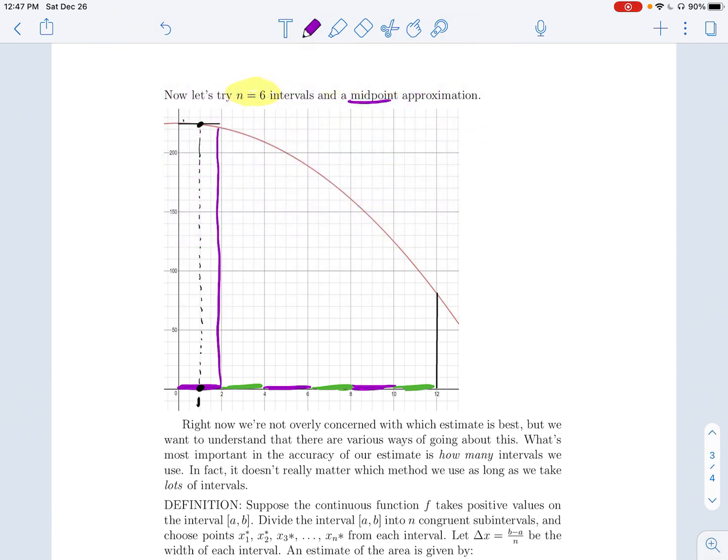Here is my first rectangle. Here's my second midpoint. Here's the height of the curve at that midpoint. Here's my third midpoint. Here's the height of the curve at that midpoint. Here's my fourth midpoint. Here's the height of the curve at that midpoint. Here's my fifth one and my sixth one.